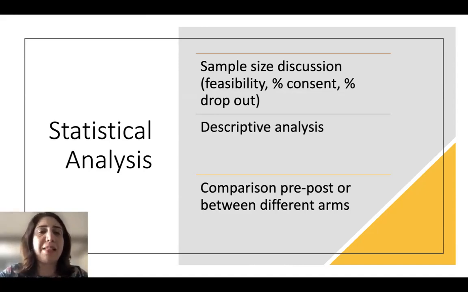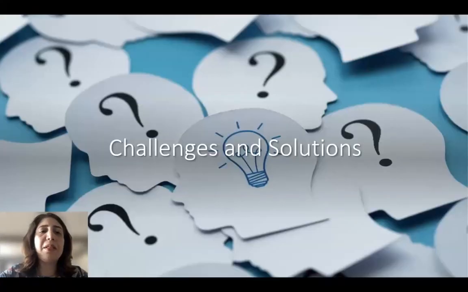Give some estimates. Of them, how many do you think are going to consent to participate? Not everyone is going to participate. And how many people are going to drop out by the end of your intervention? Come up with some numbers and see if it makes sense. You want to talk about how you're running descriptive analysis, or more complicated analysis, to compare the effect of your intervention on your participants.